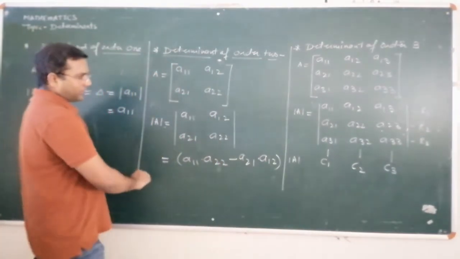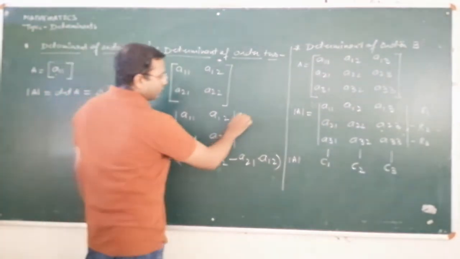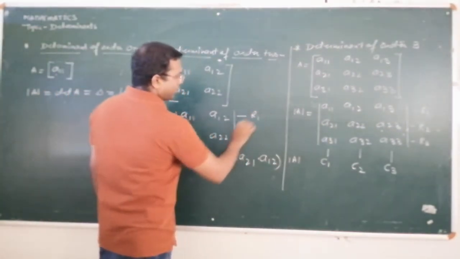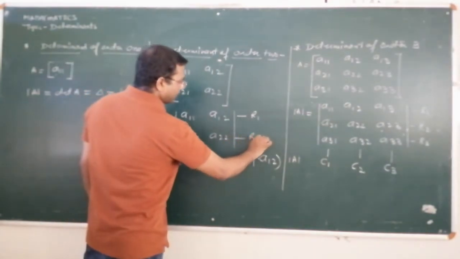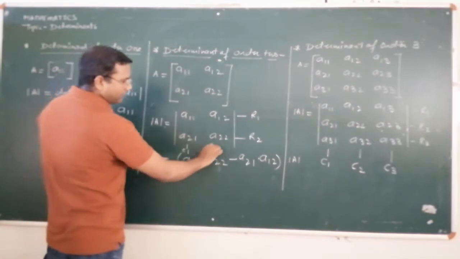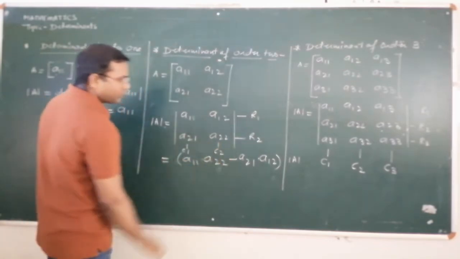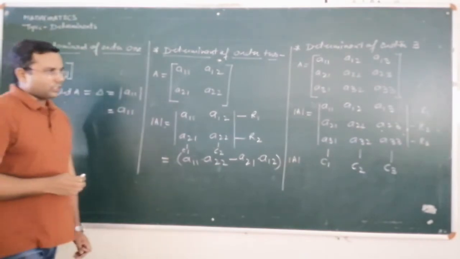Even while calculating the value of a 2 by 2 determinant, similarly we have the option to expand along row R1, along row R2, and along column C1 and column C2. It's your wish how you want to expand this, but the procedure will remain the same.